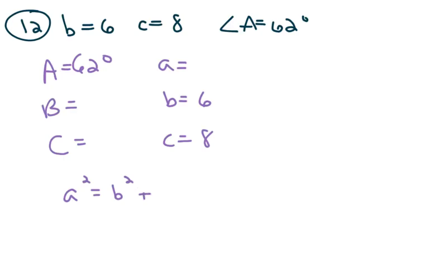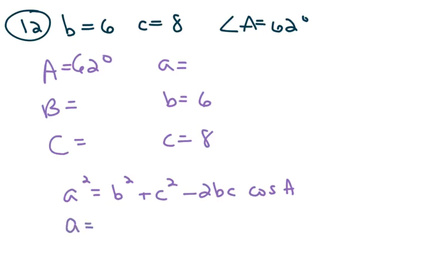I give one of the formulas for the law of cosines, but the way the law of cosines works is you find the sum of the squares of the other two sides minus 2 times the other two sides times the cosine of the angle that corresponds to the side you're looking for.